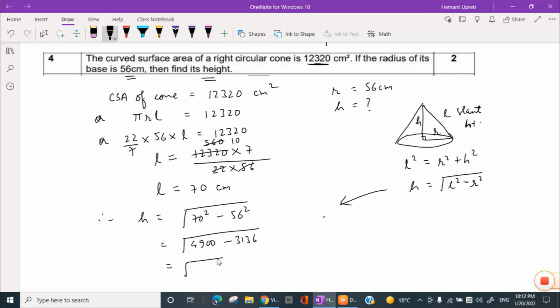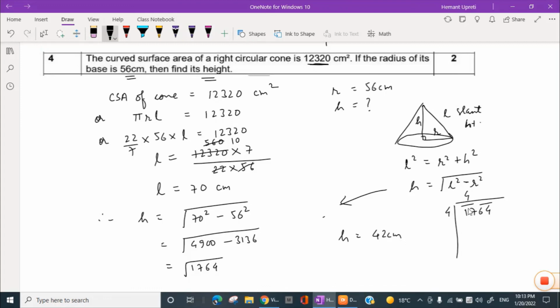So you get 4,900 minus 3136, that is 1764. So clearly H is equal to square root of 1764, and we know that the square root of 1764 is 42 centimeter. 1764, you know, how do you find? By long division method only.